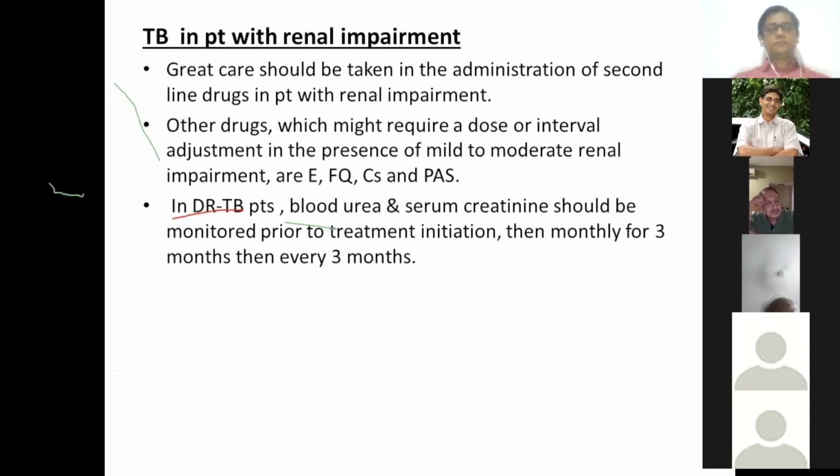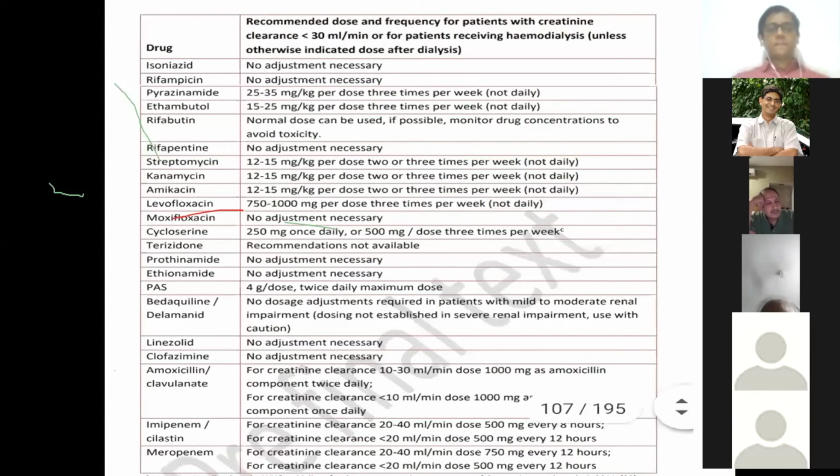In a drug-resistant TB patient, blood urea and serum creatinine should be monitored prior to treatment initiation, then monthly for 3 months, and then every 3 months. These are the drug dose adjustments according to creatinine clearance and if the patient is on hemodialysis.